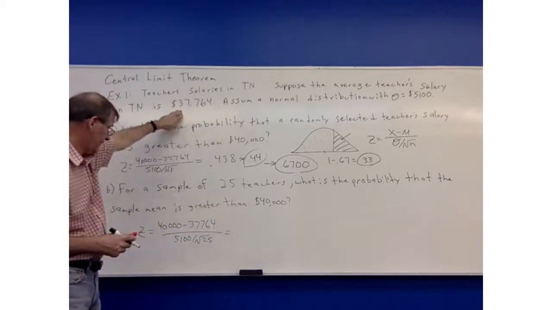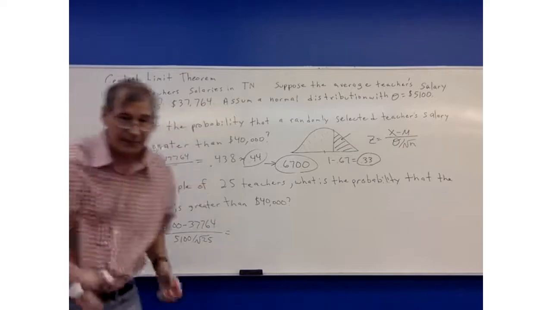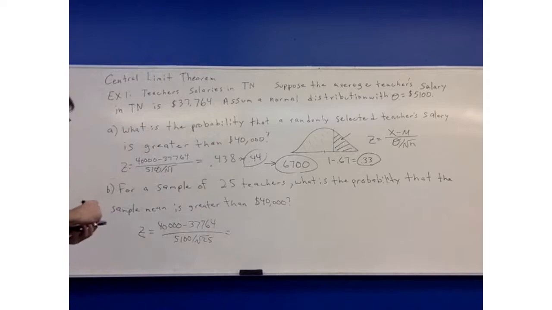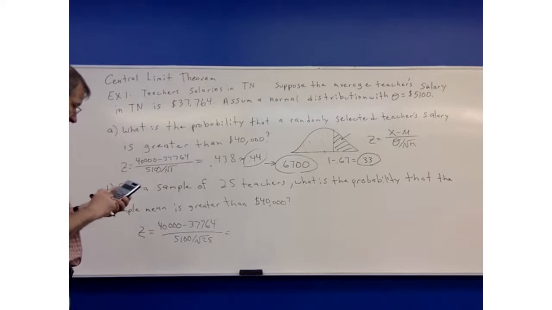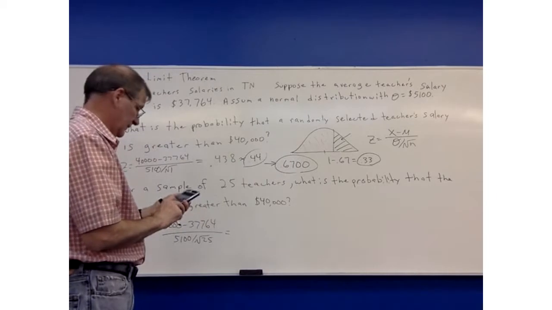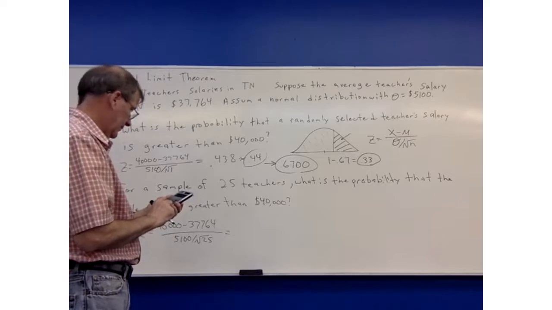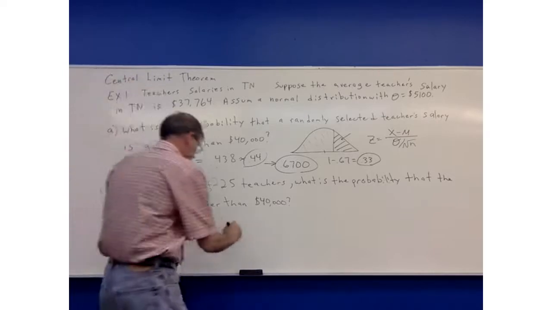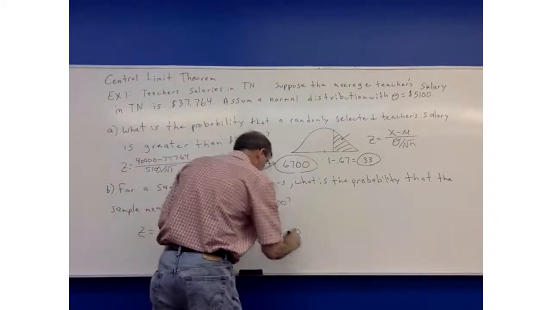40,000, 37,764, 5,100, and 25. So if we type this in, 40,000 minus 37,764 divided by, we get 2.192, so this is approximately 2.19.